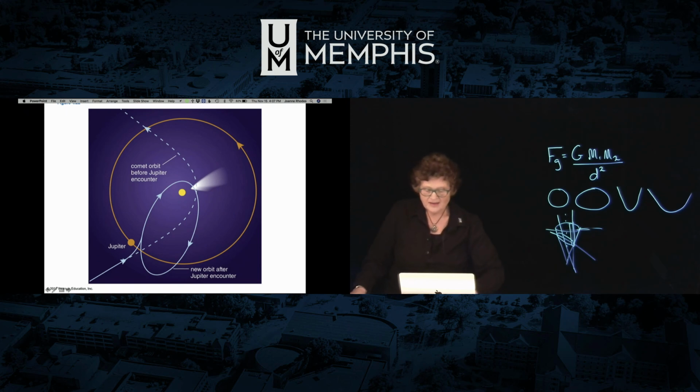So as a result of the gravitational encounter, the comet goes into an elliptical orbit, and then it's captured. It's just going to have that repeating orbit.